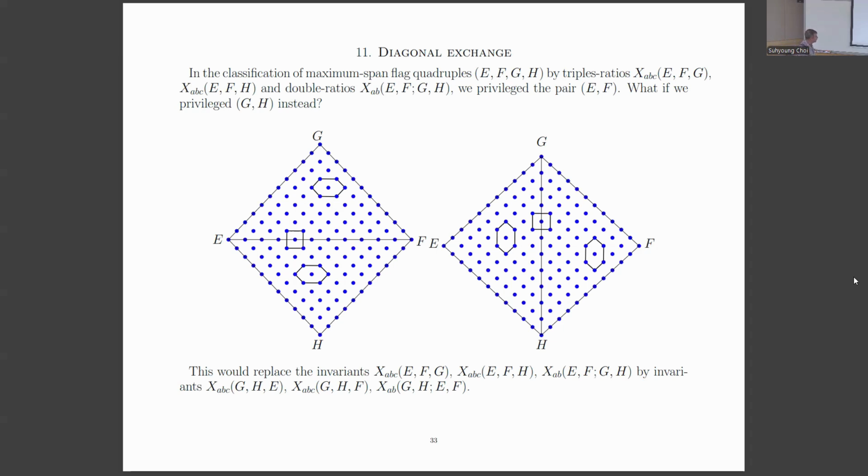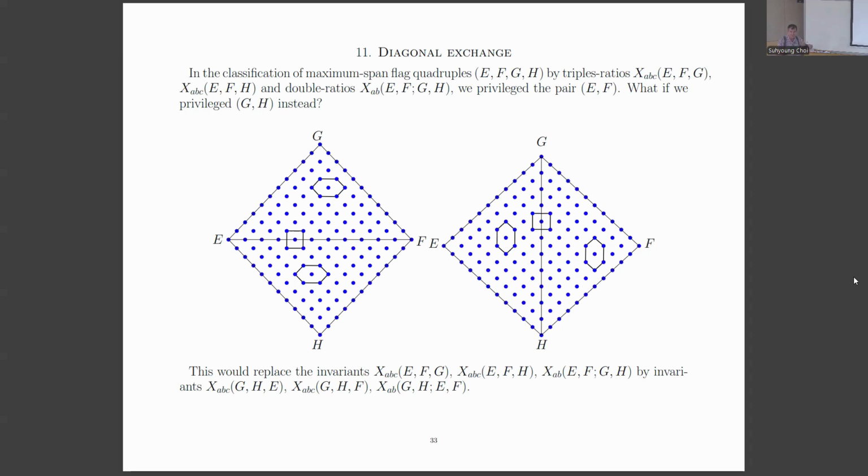So these are the dots here. And what you see right away is that the hexagons here look very different from those hexagons. And the square here looks very different from that square because it's on a different diagonal. So these are completely different invariants. And for a flag quadruple, I don't see any reason to put one instead of the other. So we're going to learn how to go from this picture to that picture.